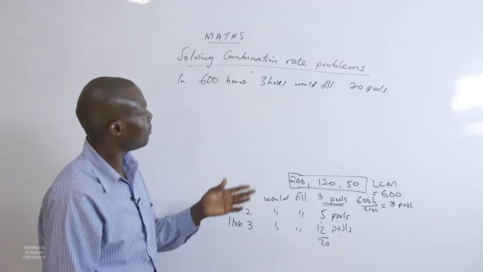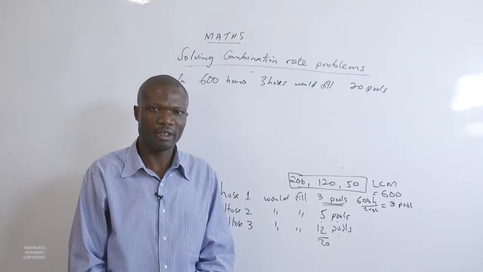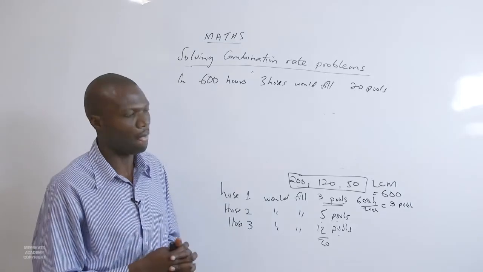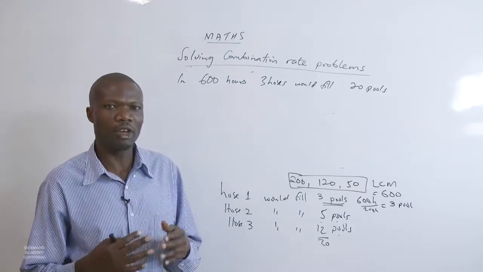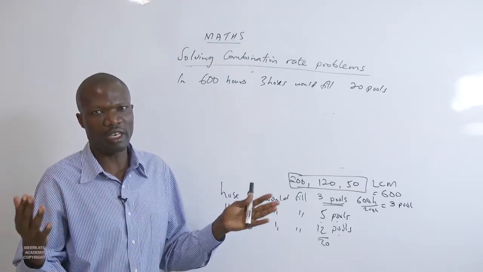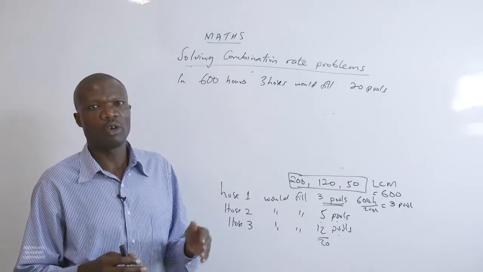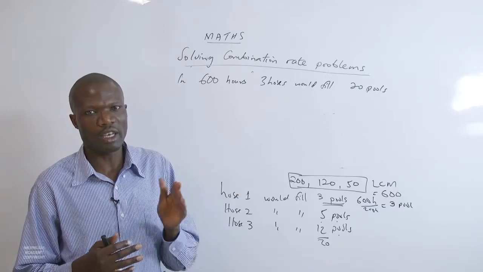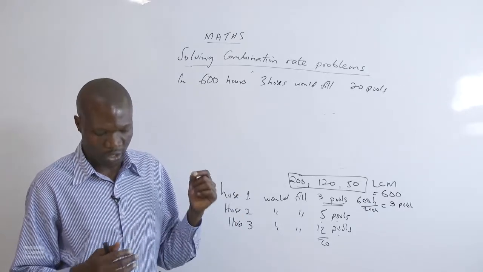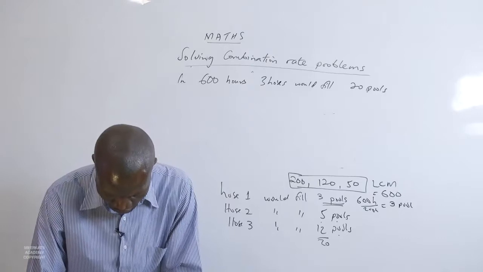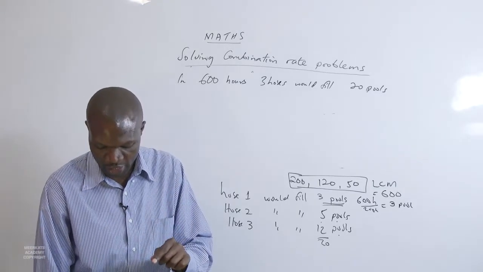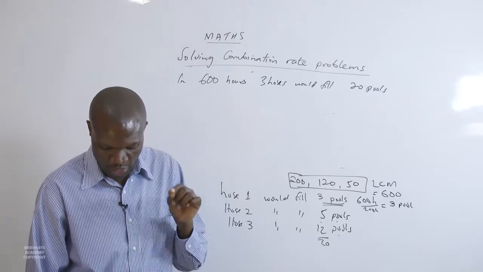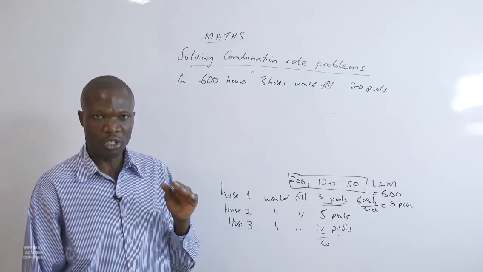Now, this is where we are. We want to bring in the idea of rates. Where the idea of rates is concerned, we need to have the quantities clearly stated and the units clearly shown so that we know exactly what we are looking for. The question we were supposed to answer was, how long would it take to fill a pool if all the 3 horses were put on?